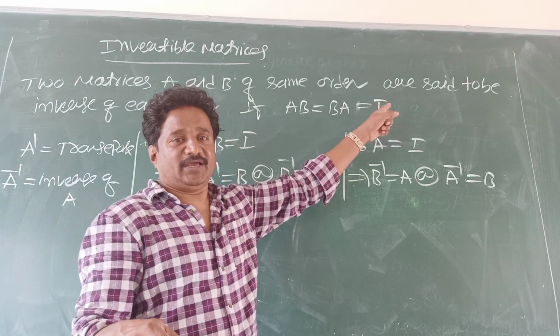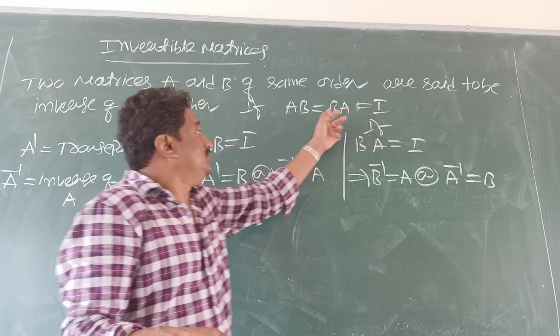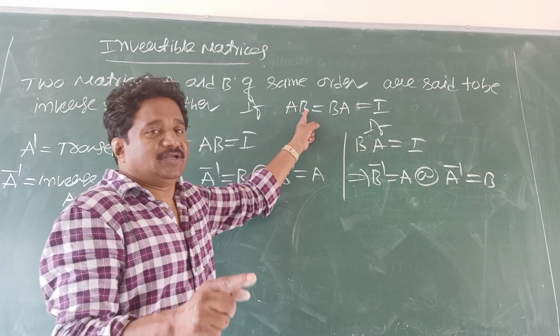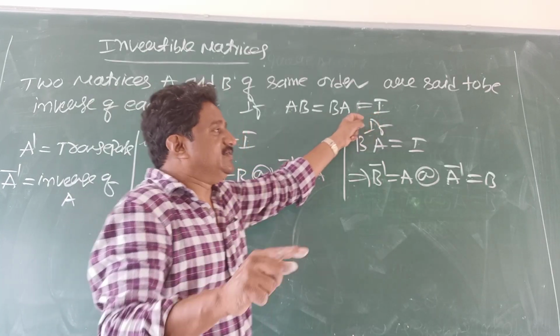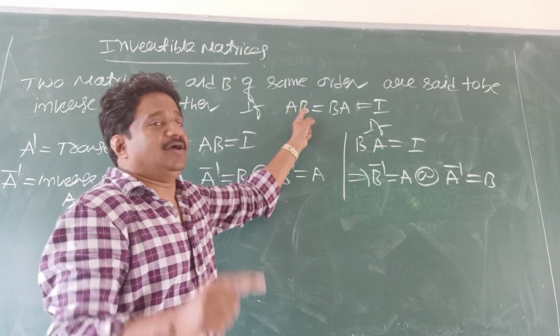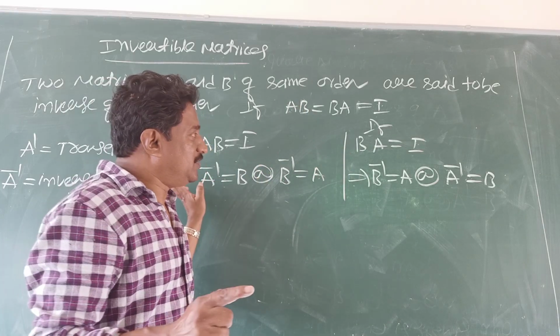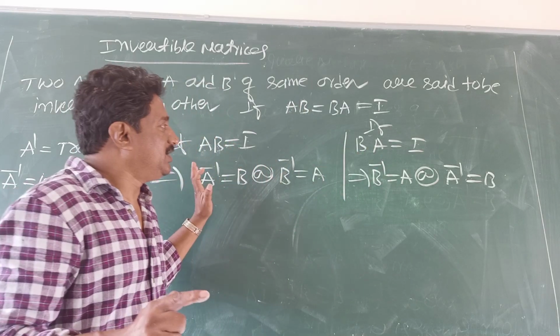Both must be equal to I. If this happens, we say these two are inverse of each other. That is what is written here.